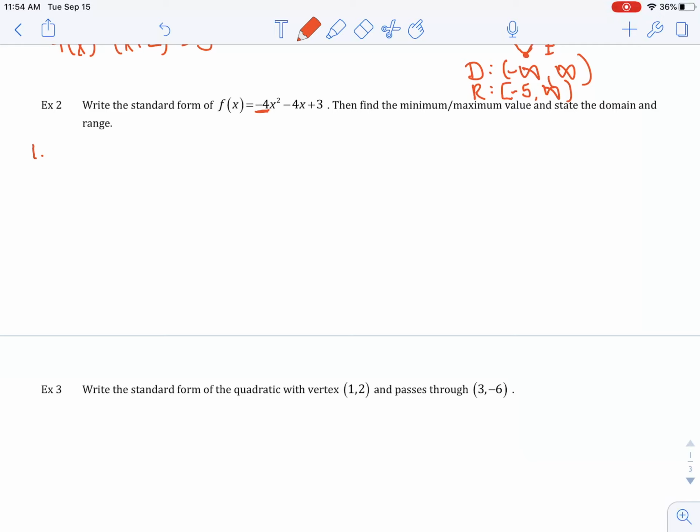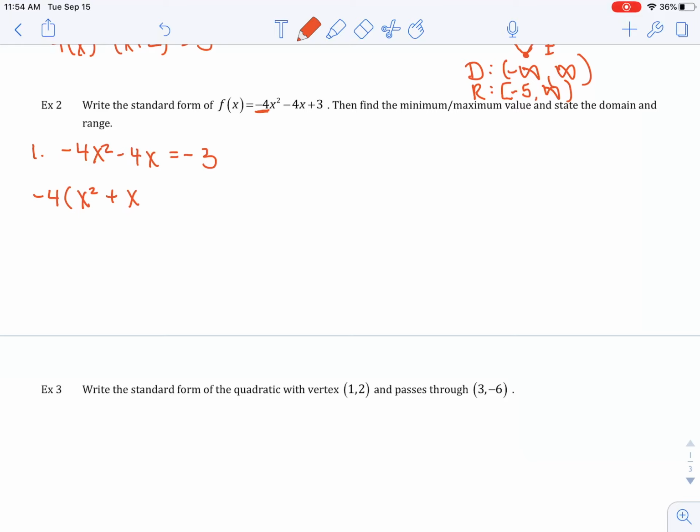So first, I'm just going to move that 3 over, and I get -4x squared minus 4x is equal to -3. I'm going to take away that -4. So then I have x squared plus an x.